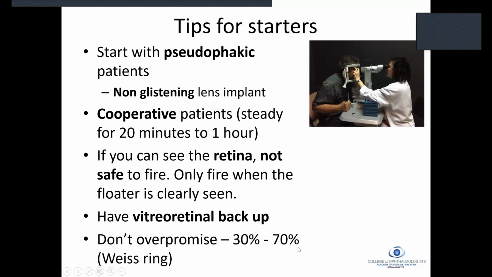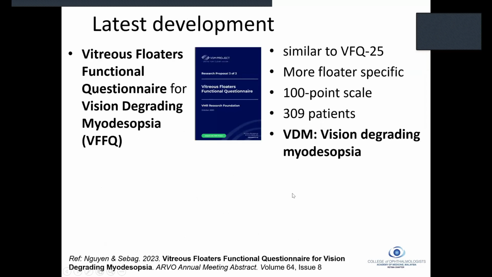But with a Weiss ring, the improvement can be as high as 70 to 90%, especially if we can totally remove it. What about some of the latest evaluation developments? They now have a vitreous floaters functional questionnaire because of the large number of patients that have this condition, in order for us to quantify vision-degrading myodesopsia so that we can determine whether patients really need treatment or not.